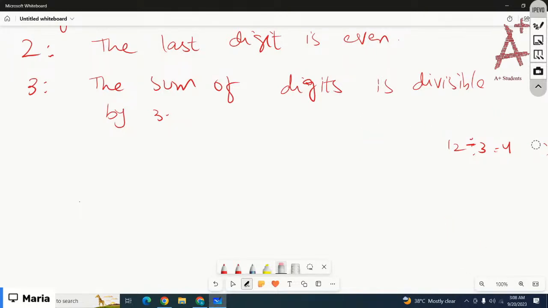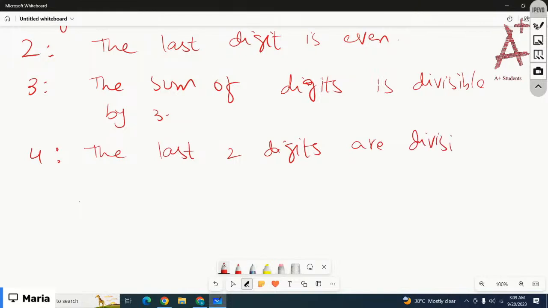Let's just start with the divisibility rule for 4. No one is here to hear me, isn't it? The divisibility rule for 4 is the last two digits are divisible by 4, right? For example, you have 1312. Just look at the last two digits.